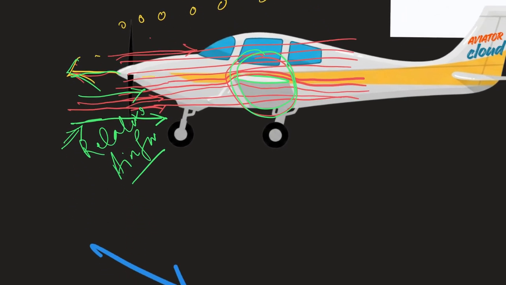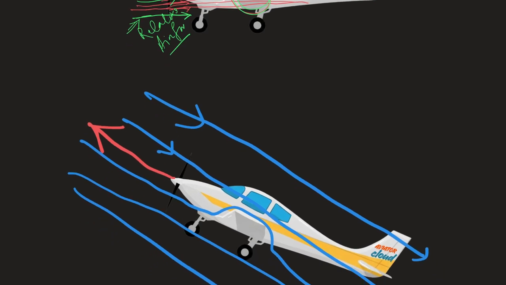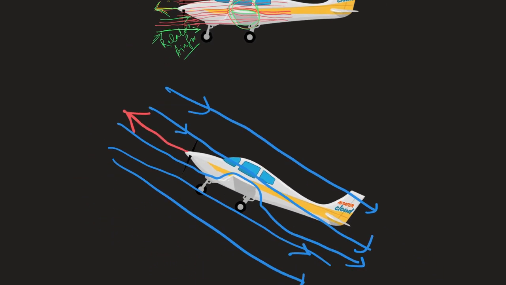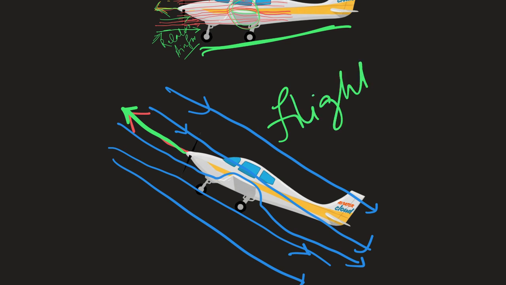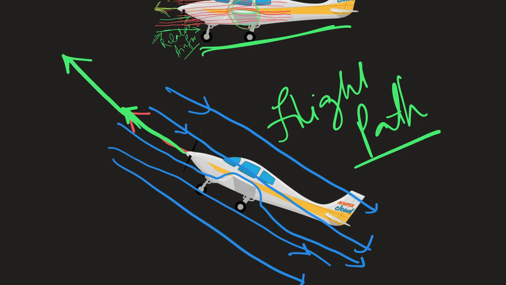Now if the aircraft is, let's say, climbing, how will the relative airflow be? If the aircraft is climbing like this, nose up attitude, what is the flight path? Here you have to remember, it is not related to the attitude of the aircraft, it is related to the flight path of the aircraft. This aircraft is climbing in this direction, so the flight path is like this.